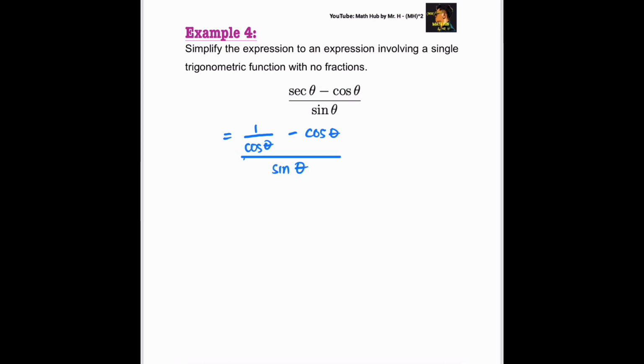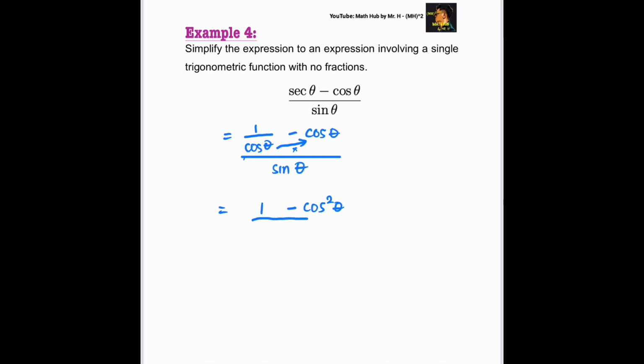And for the numerator, we can rewrite this as 1 fraction. And we can do it by multiplying cosine theta times cosine theta. So cosine theta times cosine theta is cosine squared theta. And we copy the minus, and we copy 1.